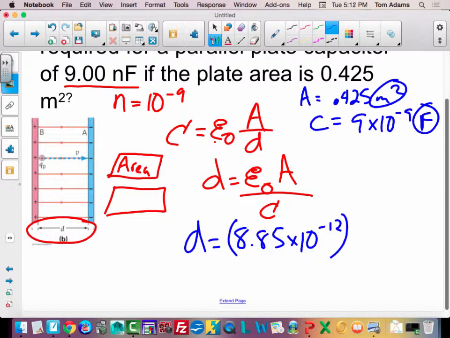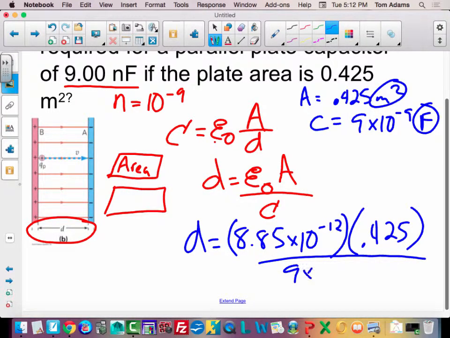And if the answer doesn't work out right or it seems weird, then you go back and do the dimensional analysis, but I just don't have room on my whiteboard. So I'm going to multiply that by the cross-sectional area, which is 0.425. And then that's divided by the capacitance, which is 9 times 10 to the negative 9.